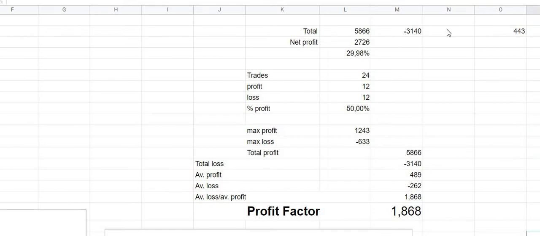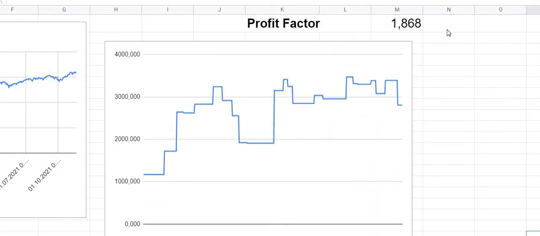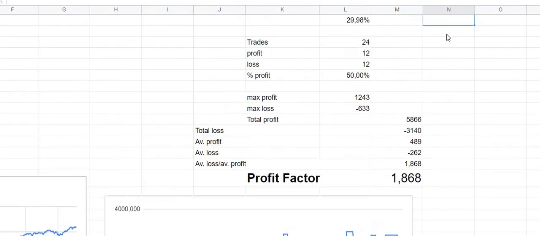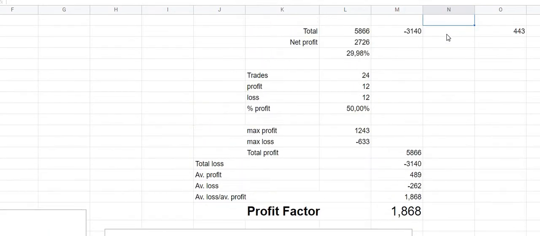you see that this strategy will not solve everything perfectly, because as we see, the total profit from the trading system was 2,726, but the maximum profit from just one deal was 1,243, and in this connection approximately half, or maybe 45% of all the profit, came from just one deal.